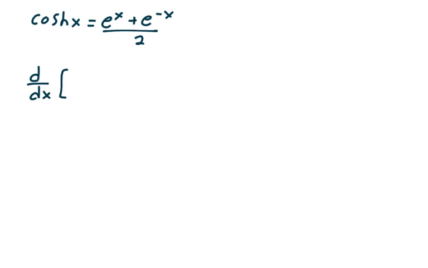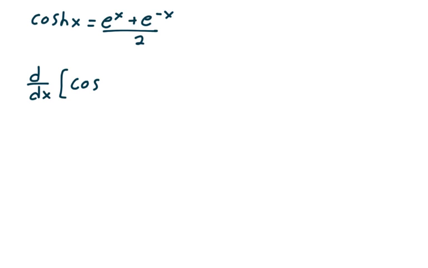And we can do the same thing when we want to find the derivative of cosh x with respect to x. And so cosh x is e to the x plus e to the negative x divided by 2. And I'm going to differentiate both sides with respect to x.